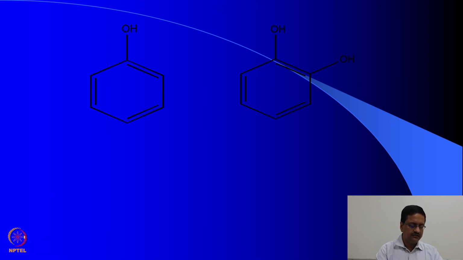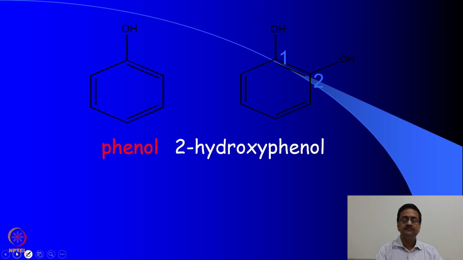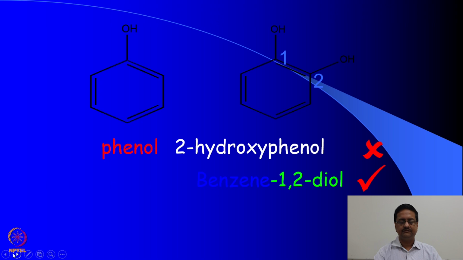One is phenol and the other one is 1,2-dihydroxybenzene, not 2-hydroxyphenol. Why is that? Because when you try to write the name, you cannot give one priority over the other if the functional groups are the same. So, we write it as benzene-1,2-diol or 1,2-dihydroxybenzene and not 2-hydroxyphenol.